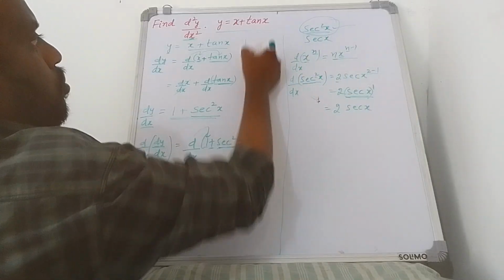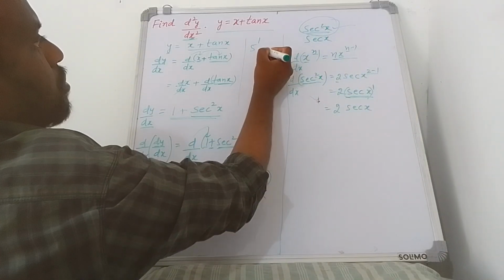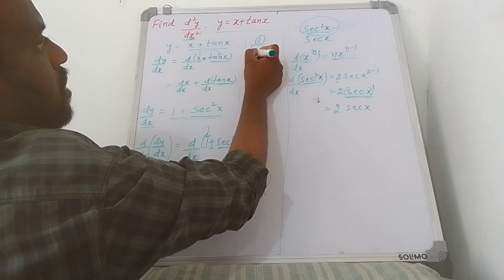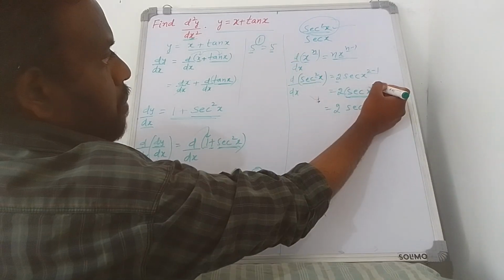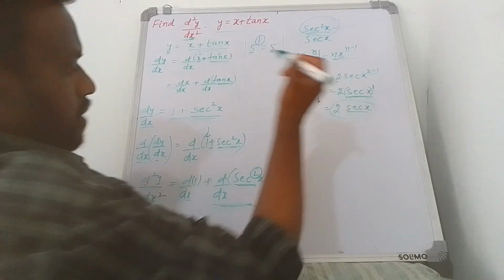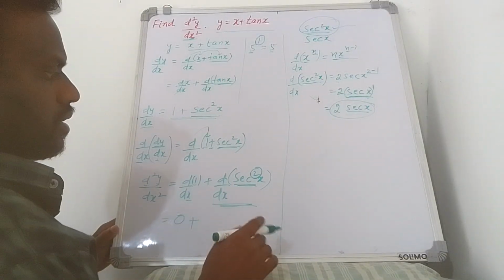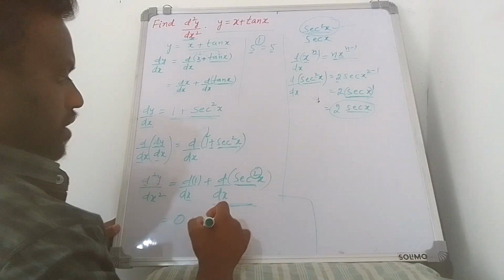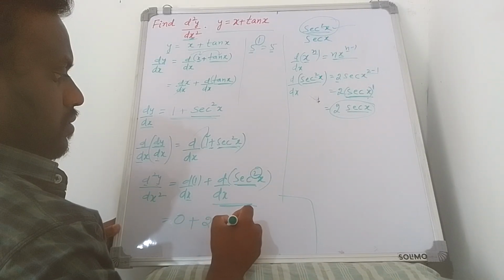For example, 5 to the power of 1 is equal to 5 only. If the power is 1, same thing 5 will come here. Similarly, power is 1, same secant x will come here. So 2 secant x we got. Write this 2 secant x now.